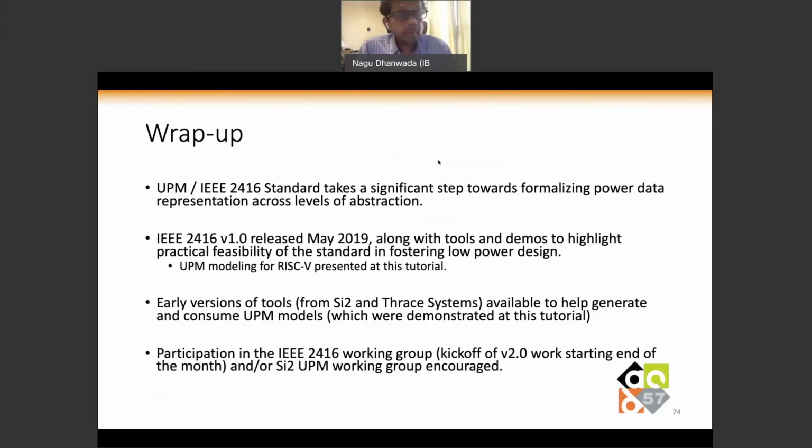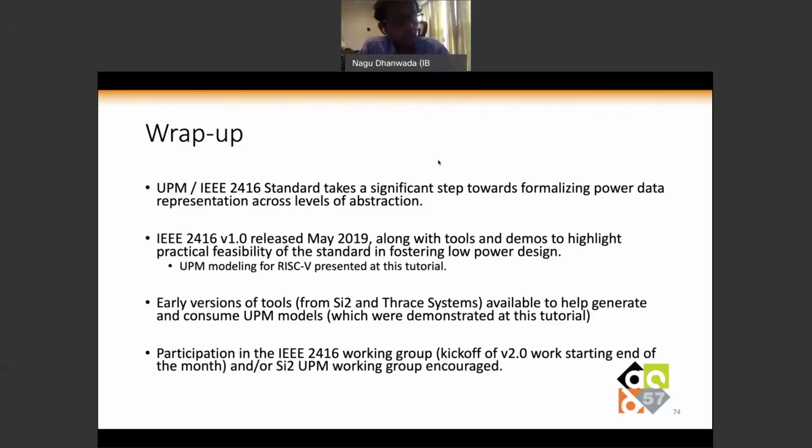Now to wrap it up, the UPM IEEE 2416 standard takes a significant step towards formalizing power data representation across levels of abstraction. The version 1 of the standard was released last DAC, as I had mentioned, and there are tools and demos that go along with the standard, which highlight the practical feasibility of the standard.